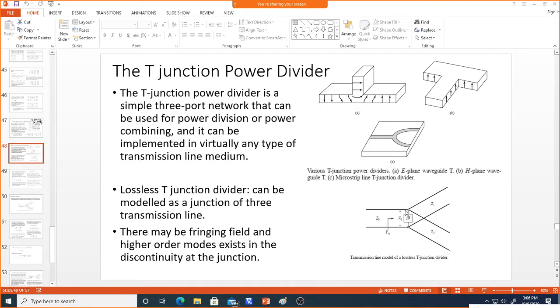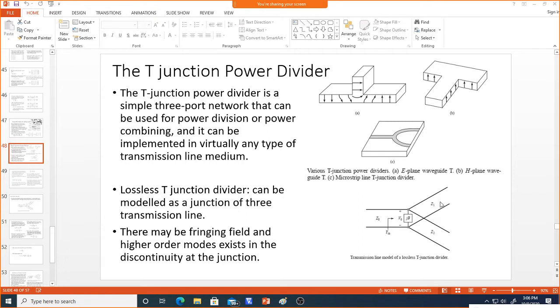Because of this gap, some susceptance exists. Due to the abrupt change or discontinuity, there will be some capacitance, which is given by the susceptance, that is, capacitive reactance.